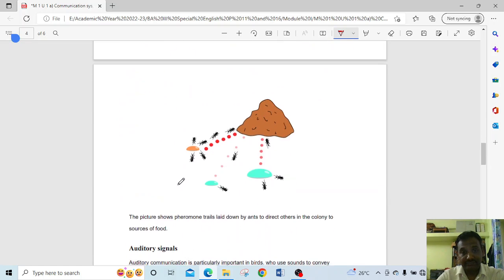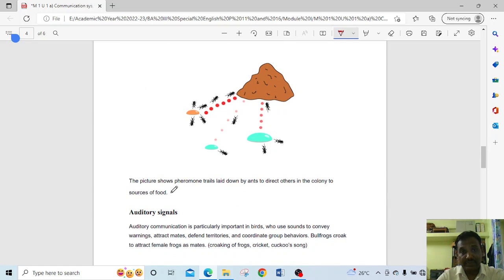For example, you see here in this picture that these dots are drops of the pheromone dropped by these ants, and they show the direction of the food, the source of food available.